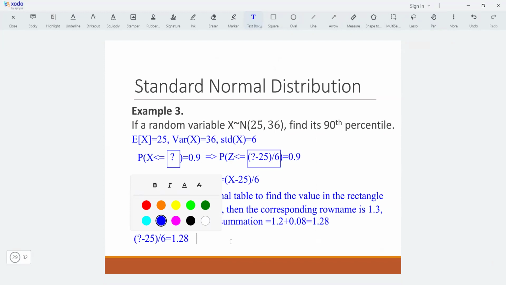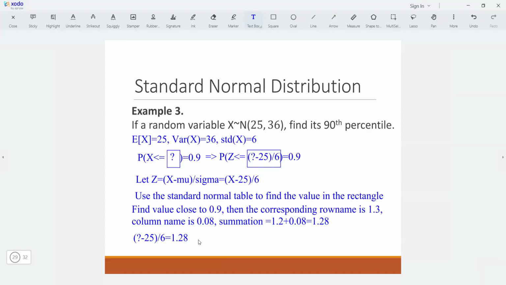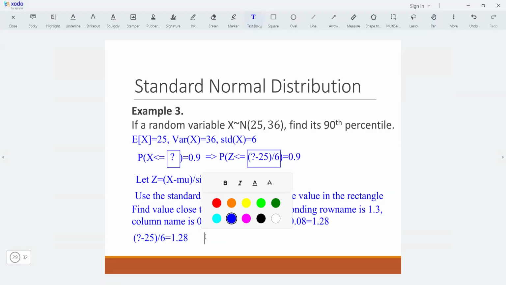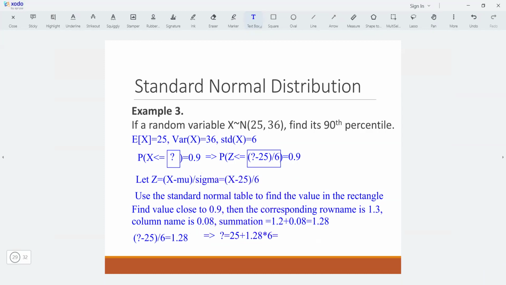After we have this, the next step is to find the value of our question mark. This is about algebra. By algebra, the question mark is equal to 25 plus 1.28 times 6. Now you should use your calculator to compute this value. I'll give you a second to do it. What is the value of 25 plus 1.28 times 6?